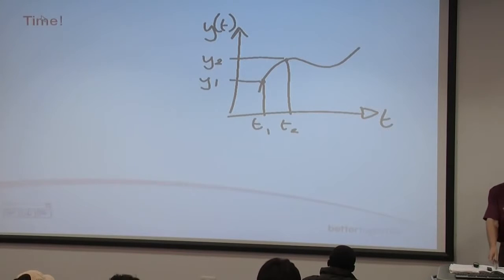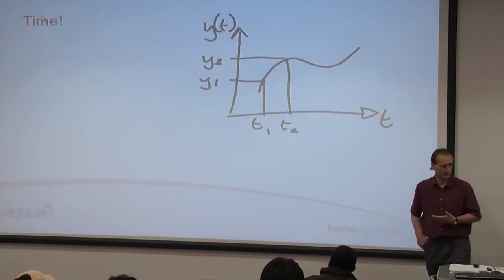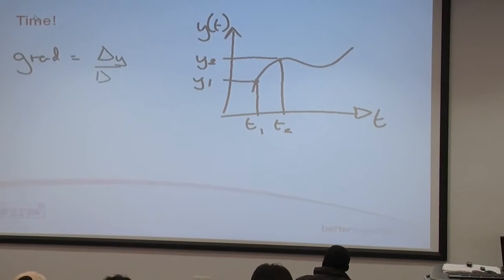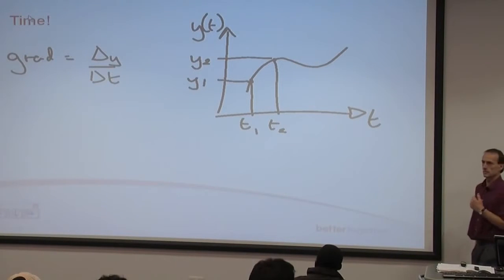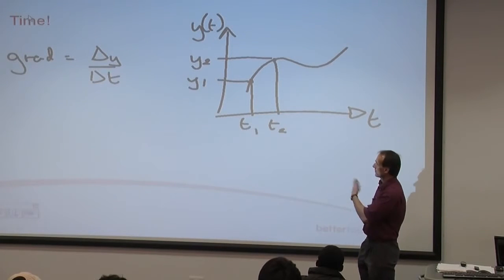That generally is how we're introduced to the concept of the differential, isn't it? And you might say that the gradient is equal to the change in y over the change in time. Ring any bells?